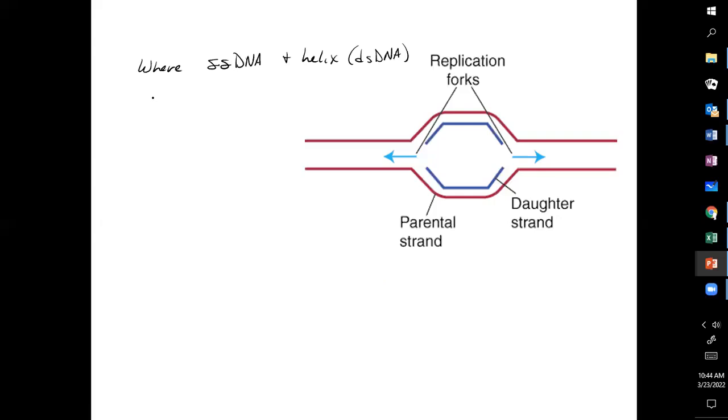Where they meet are called the replication forks. This is bidirectional, so these are referred to as bidirectional forks that open in opposite directions.